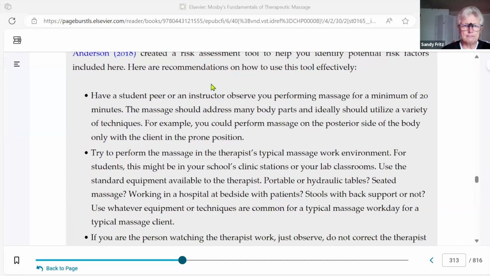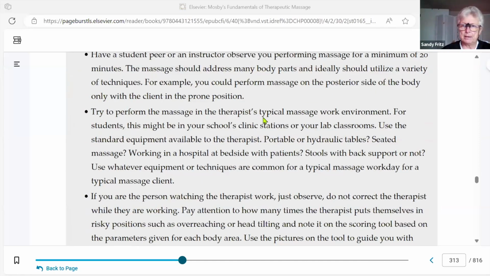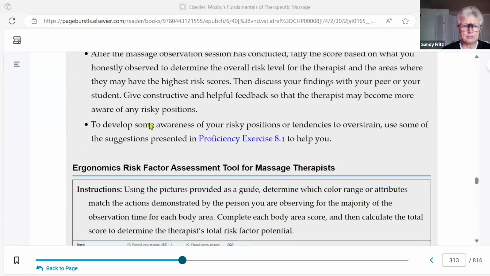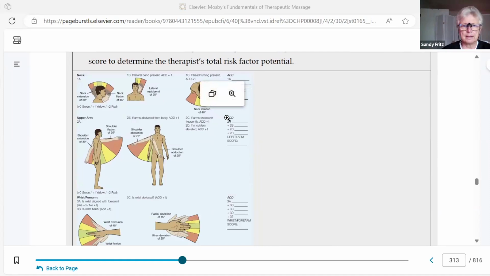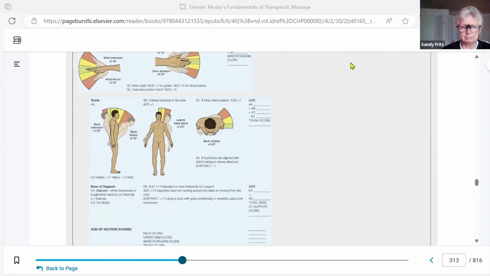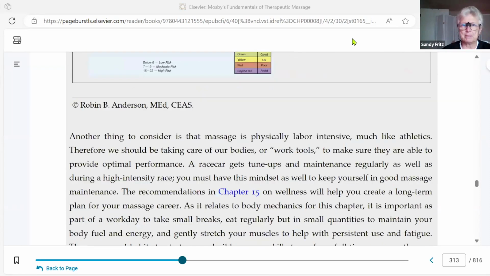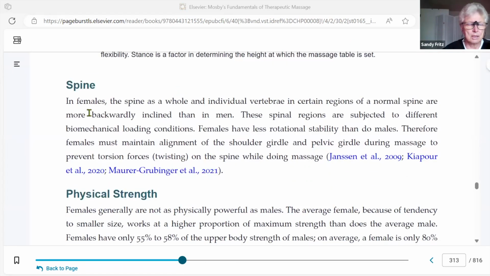So here is a self-evaluation or a paired exercise evaluation that you can take a look at. And then this is an actual examination tool that you might want to experiment with. We are also looking at, in these gender differences, the difference between the spine and physical strength.